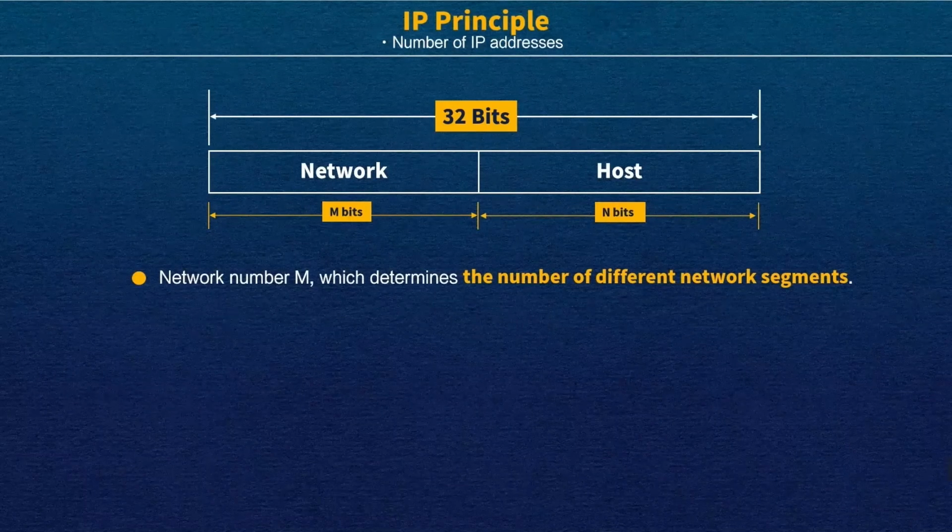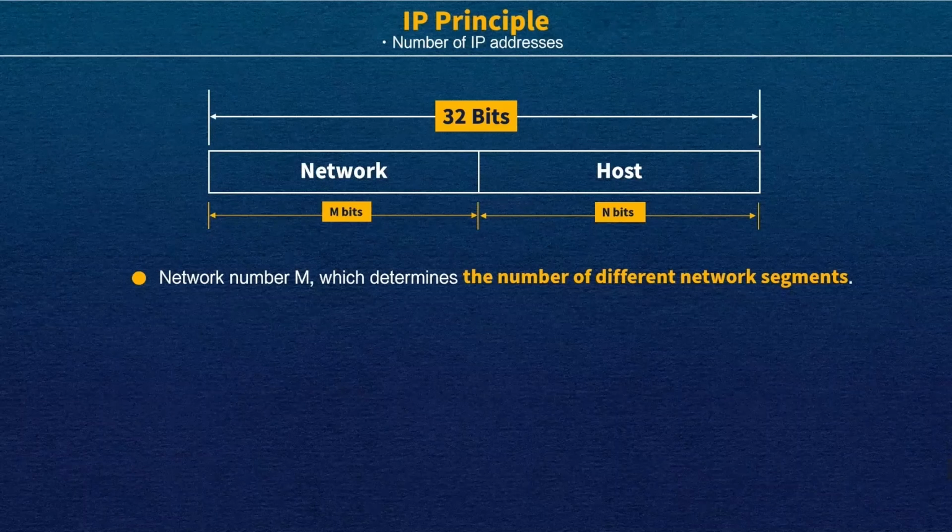The network number n will determine the number of different network segments. What's the meaning? Pay attention. Maybe you have a company, right? And in your company, you have 3 departments. So you want these 3 departments to have different IP segments.